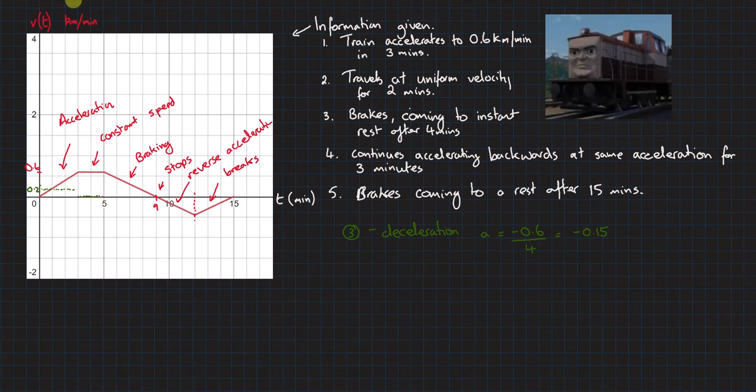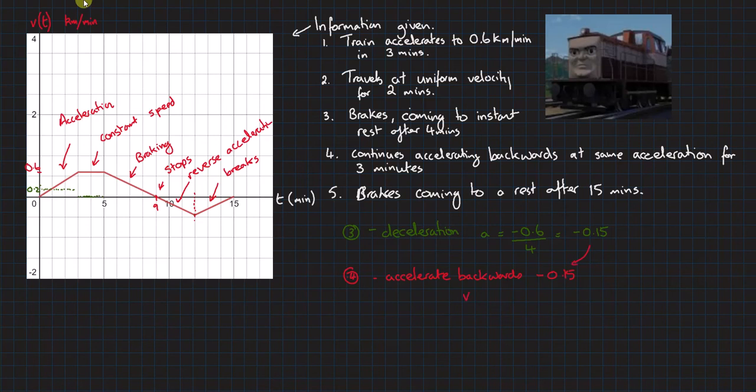So in section 4, we get a speed out. So section 4, accelerate backwards. At minus 0.15, so it's continuing with the same acceleration.